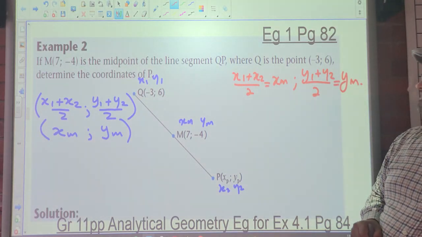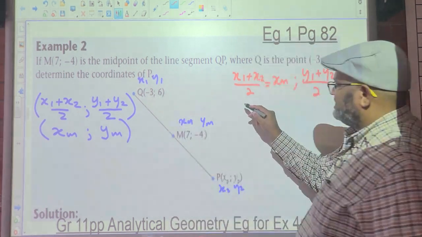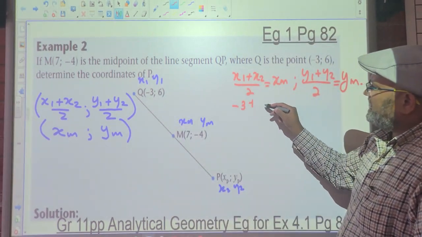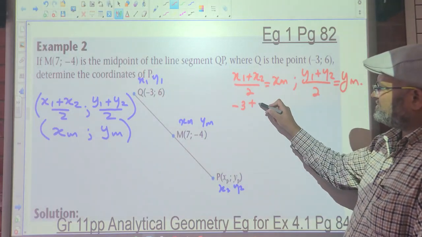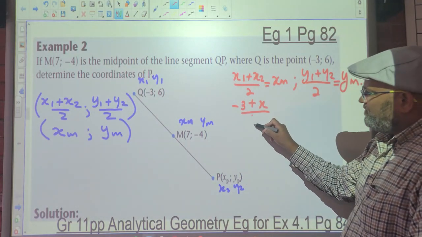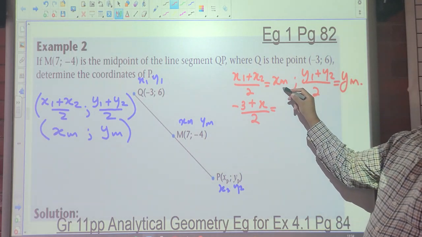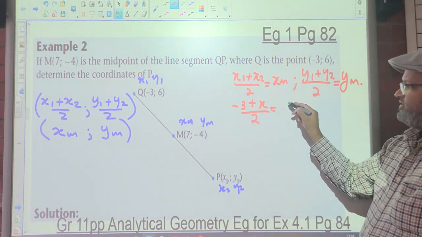You all see that? So what is x1? Negative 3, plus x2, xp or x2 or just x, over 2 is equal to the x value of the midpoint, which is what? 7.